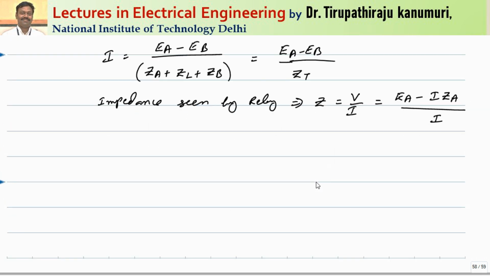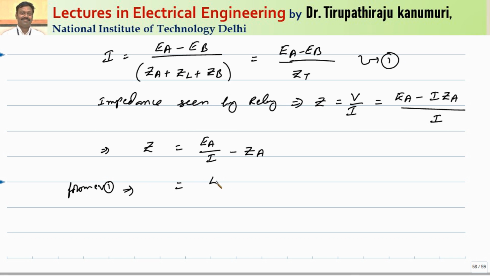I can simplify this further. The value of Z will be equal to EA divided by I minus ZA. We can write it like this. Let us take this as equation number 1. From equation number 1, I am substituting into this one.